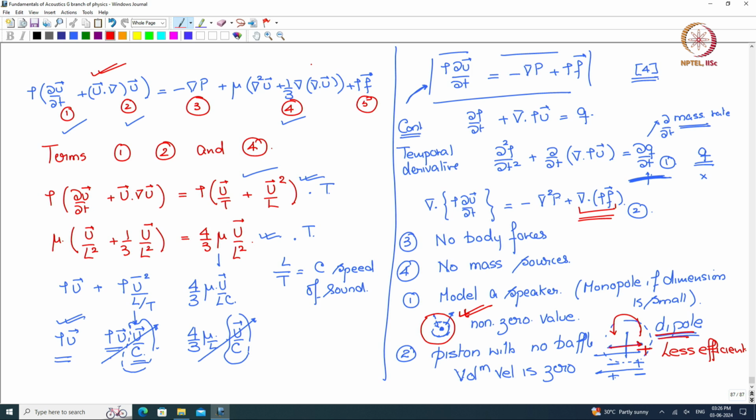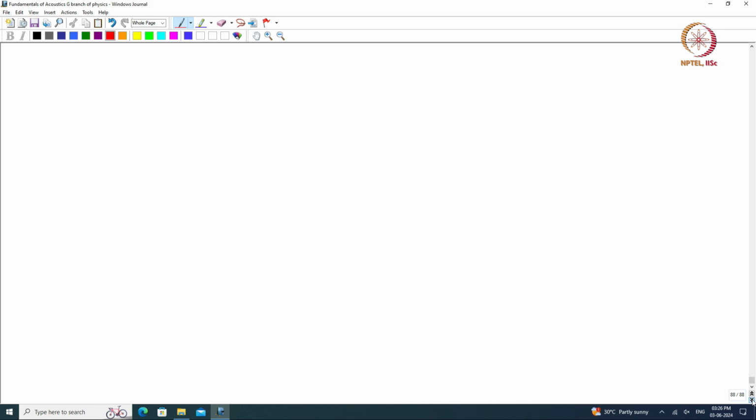Now if we have numbered our equations, this is going to be called number 5, this is going to be number 6. After these further assumptions, we will write 5 and 6 as del 2 rho by del t square plus del by del t of del dot rho u is equal to 0.